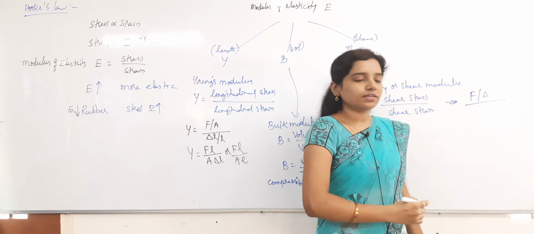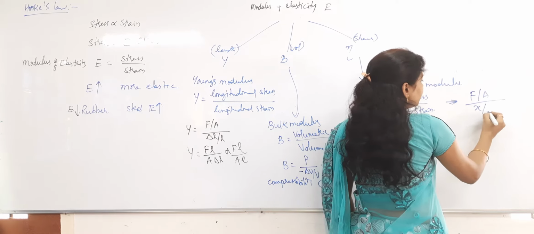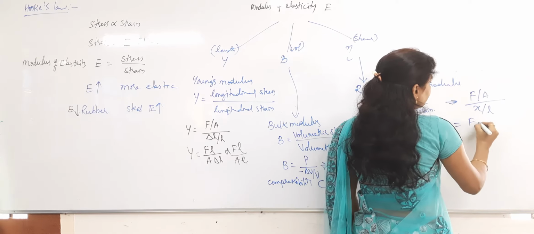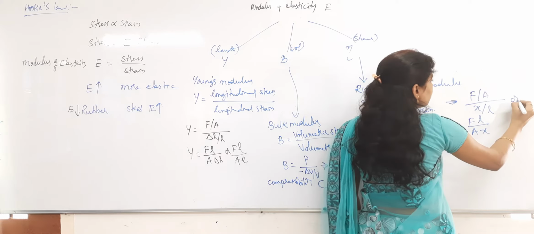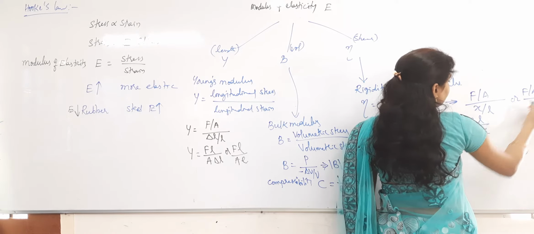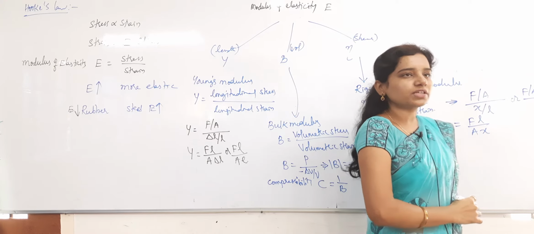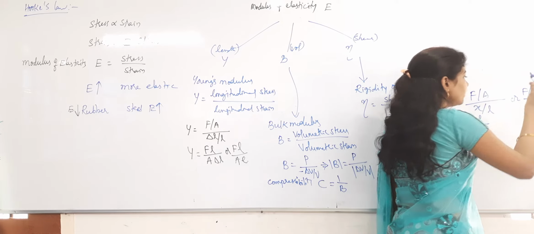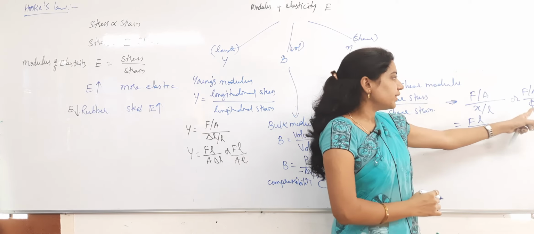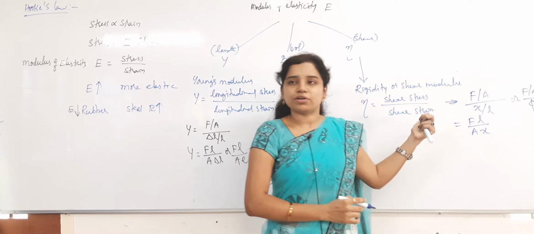X by L. Shear strain is X divided by L. Then what I can write here? FL by A into X. Otherwise, one more formula of this one is F by A divided by X by L, nothing but shear strain, what we denote with phi, right? Whenever the angle is very small, then we will take it as phi. So F by A divided by phi is a shear modulus here.